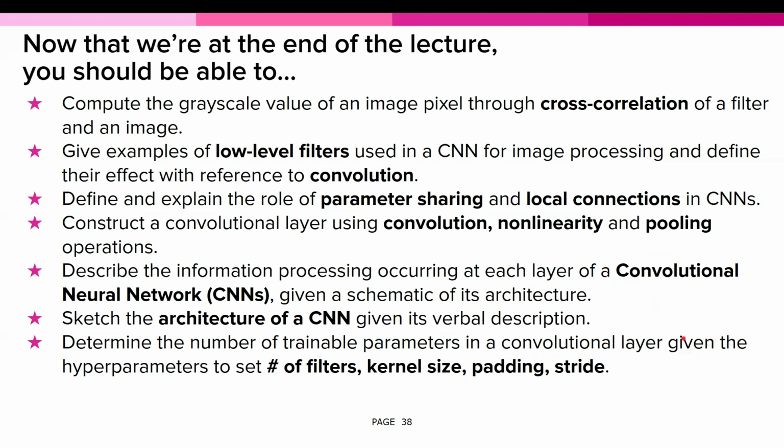And last but not least, we also went over some calculations of the dimensionality of a convolutional layer, as well as the number of trainable parameters associated with it, given the input dimensions, and then the number of filters, the kernel size, the padding, and the stride.